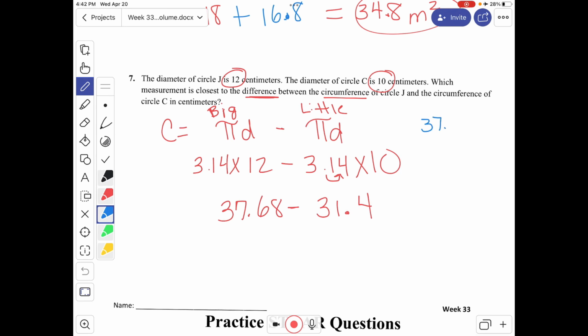And when you subtract, you have to remember to line up the decimal.